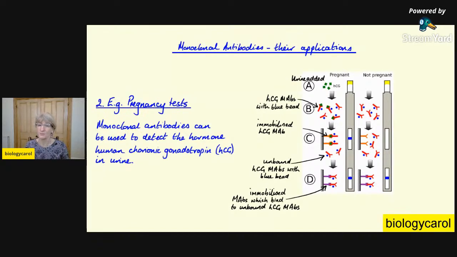It's finished. And then she needs to look in this first window to see if there is a blue stripe there. If there is a blue stripe in this first window, the woman is pregnant. It is about 99.9% effective. There are very, very few false positives. If you get a positive pregnancy test, you are pregnant.